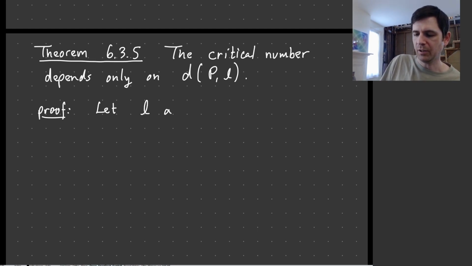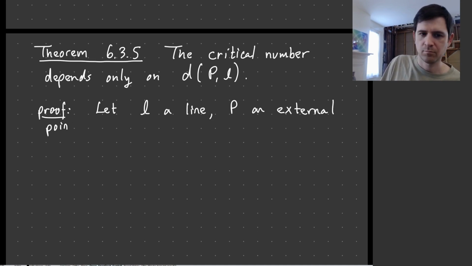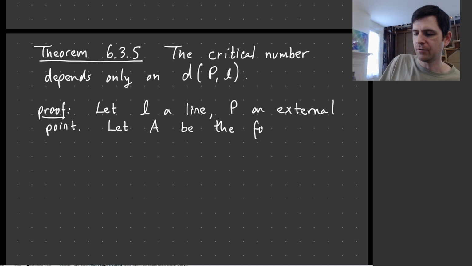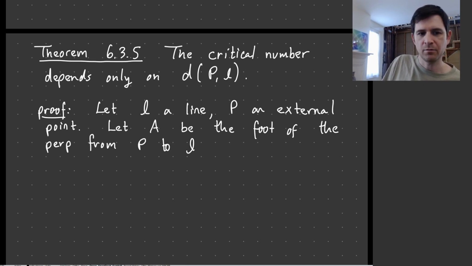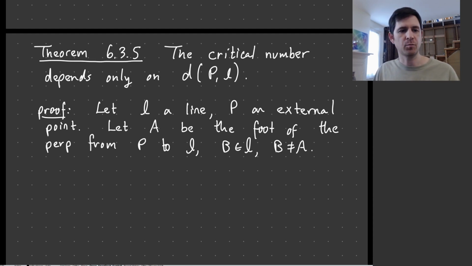So let L be a line, so pick some arbitrary line, pick some external point, and let A be the foot of the perpendicular from P to L, B be a point in L not equal to A, so we're just getting the same setup as we had before.